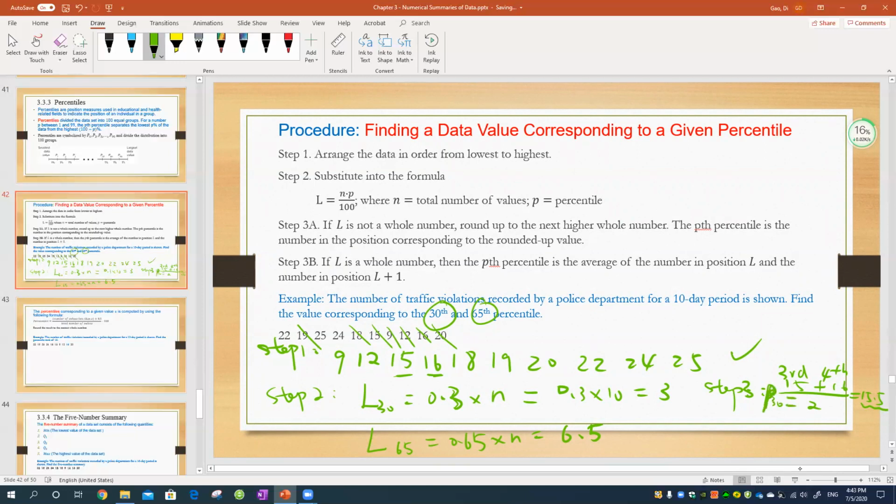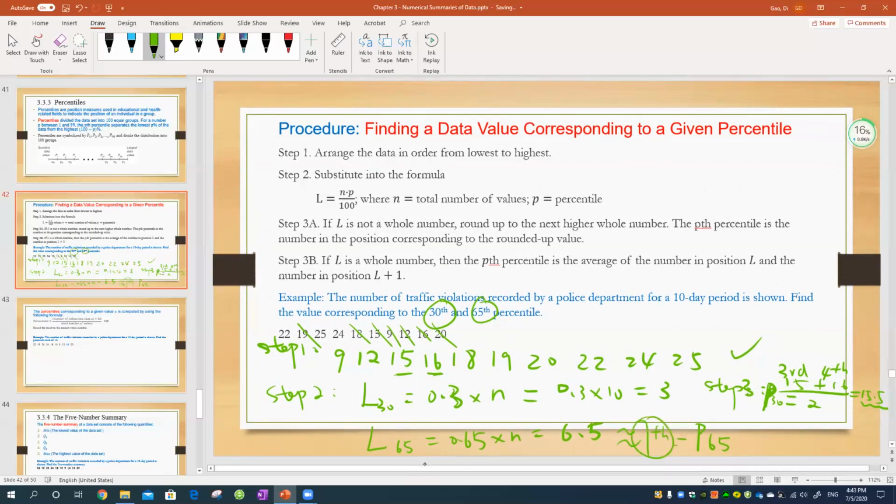P30. And then if we want to look at the 65th percentile, which is P65, if it's not a whole number, then we just round up to the 7th.